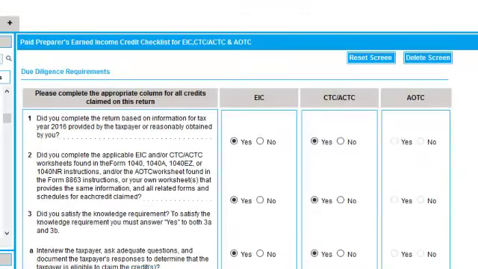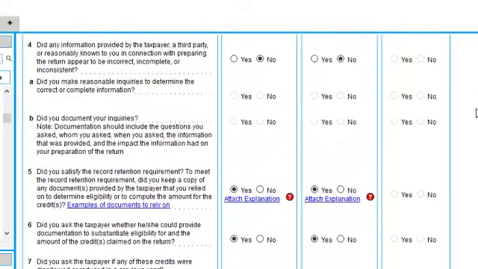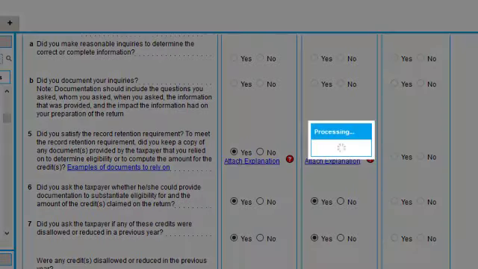Oh, we did miss one thing here. Let's go back. The explanation.